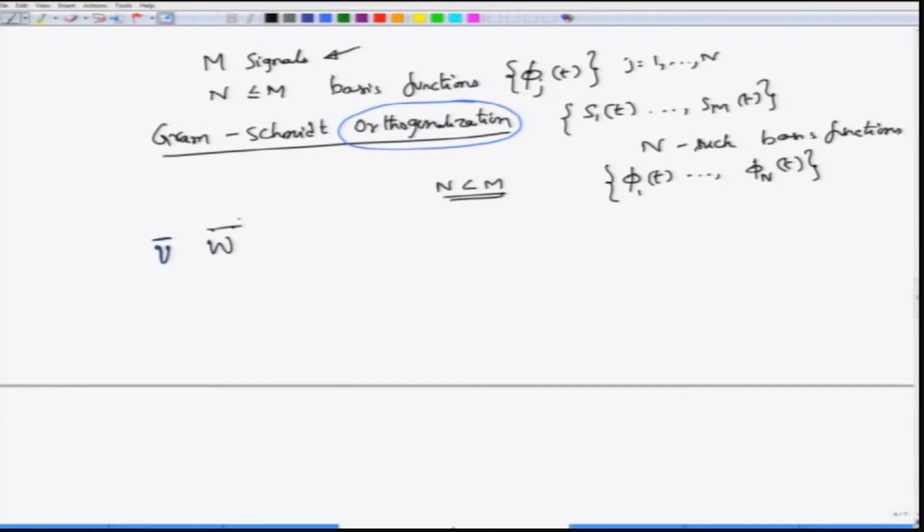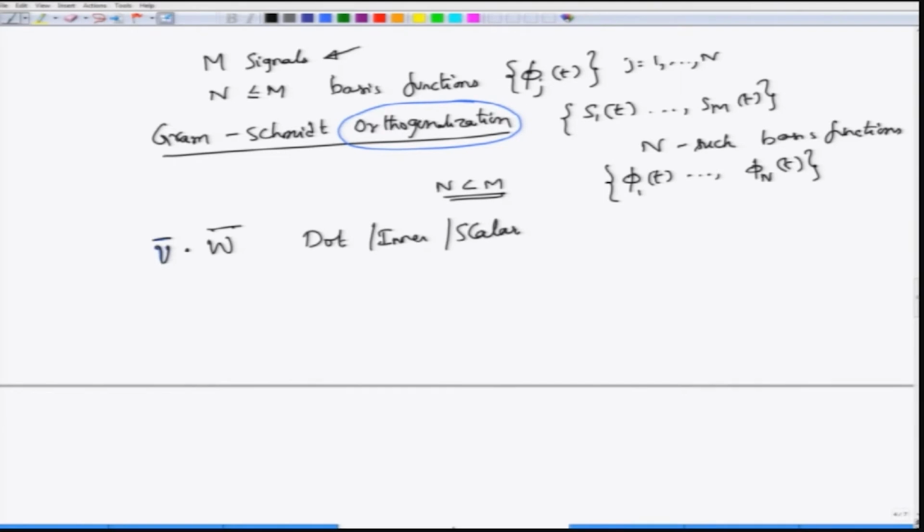We call these two vectors orthogonal to each other if their inner product is 0, or if their dot product is 0. So, this brings up an important geometric notion called the dot product, or the inner product, or sometimes the scalar product.